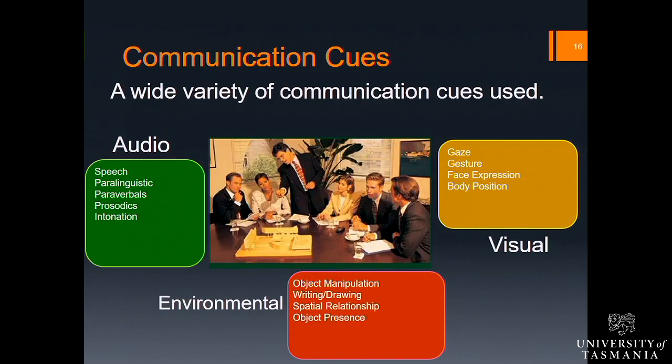For audio, the people are using speech. For visual, you're looking at gaze, control, and gestures. And environmental, so writing, people doing things in the space. This is typical communication if you have a group meeting.